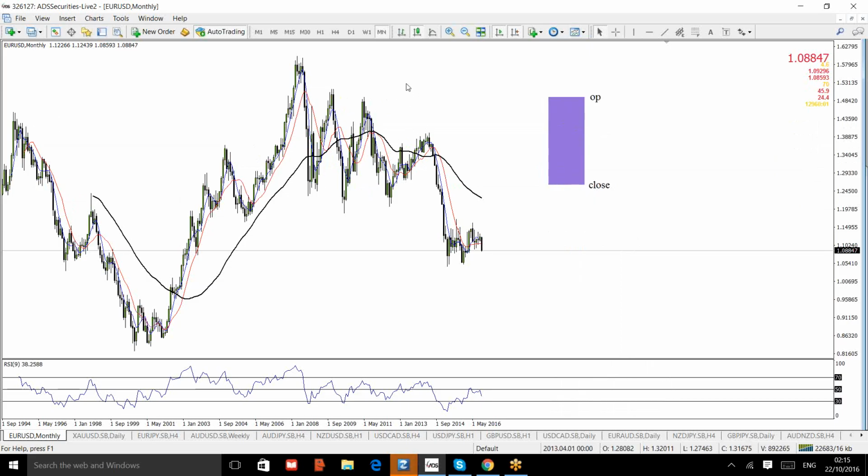Are you guys clear? So one of the chart patterns, the marubozu pattern, a candle with a big body, shows the strength either for the buyers or the sellers. Depending on whether it's a white candle, buyers, or a black candle, sellers. Understand, guys? Are you clear on this?